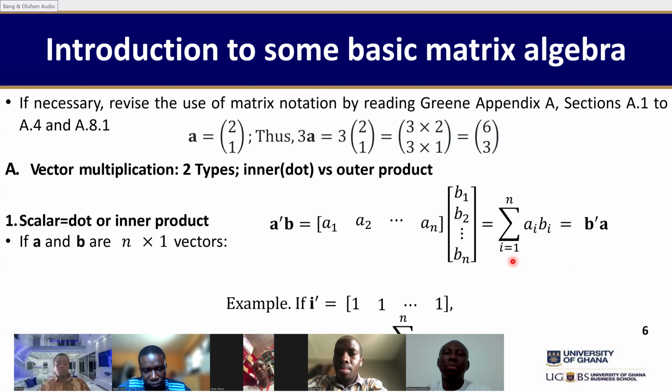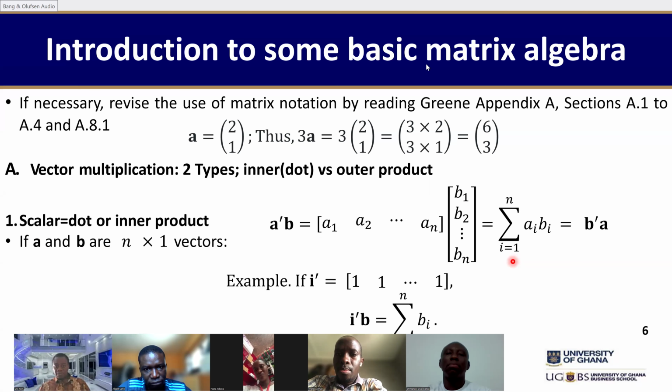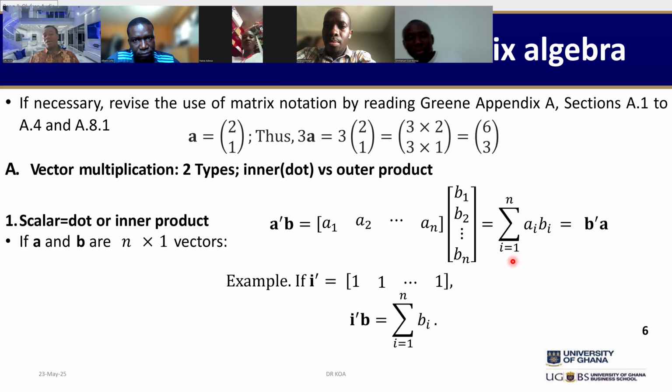Okay. So let me just scroll up here. If you have an I, which is a one, in this case, I prime or I transpose, which is a one row matrix, not a one column matrix, and if you have that one row matrix multiplying a column vector, a one column matrix, B, you can still multiply that, but because the one is just one element, and you sum that, you're going to get the same thing as the vector B that you had.